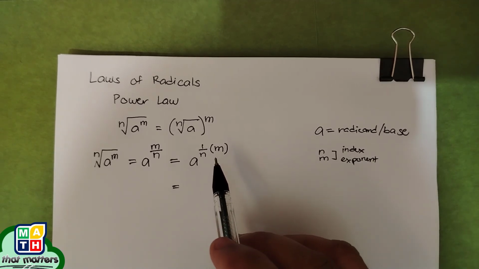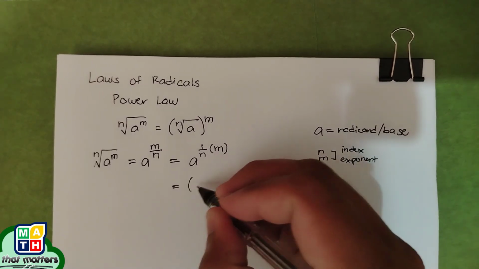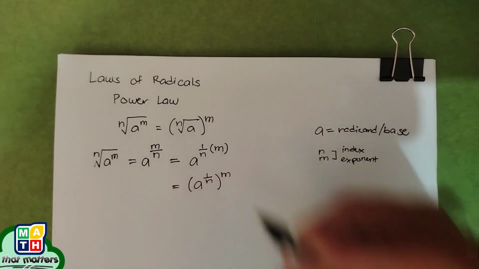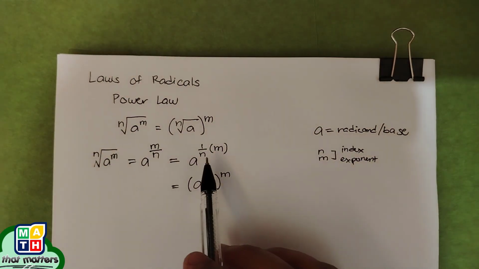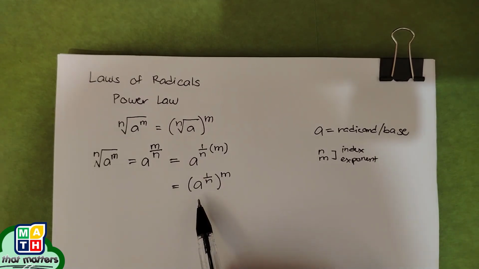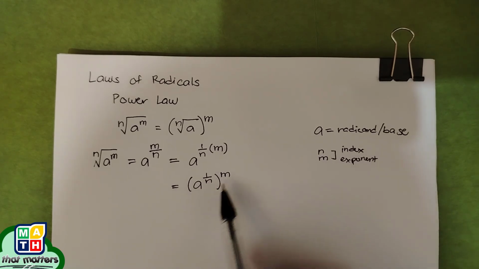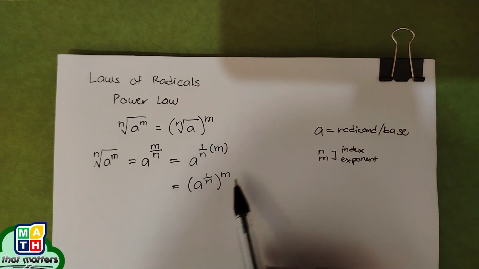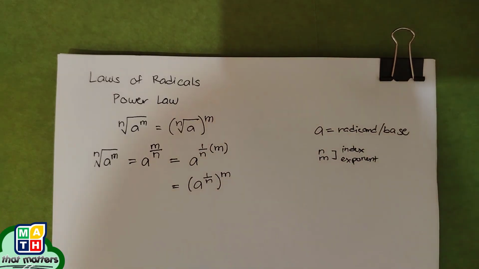That only will happen if we have an exponentiation raised to another exponent. So again, from here, we can simply group these two to have an exponentiation a to the power of 1 over n, and your m becomes an exterior, or your outer exponent in the power law of exponents.